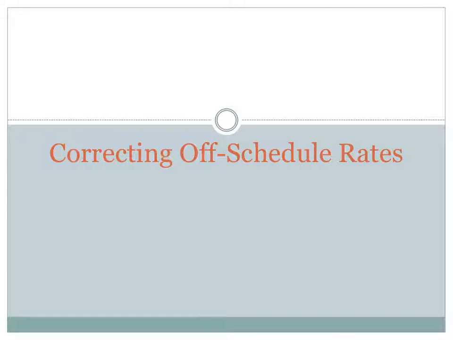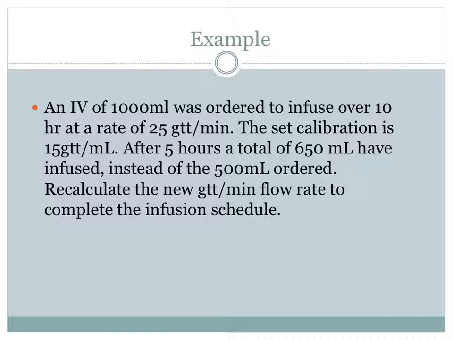Sometimes there's a need to correct off-schedule rates, so we will now review that. This is our scenario. An IV of 1,000 mL was ordered to infuse over 10 hours at a rate of 25 drops per minute, utilizing a 15 drop per mL calibration set. After 5 hours, a total of 650 milliliters has been infused, when we would expect to have 500 mL.